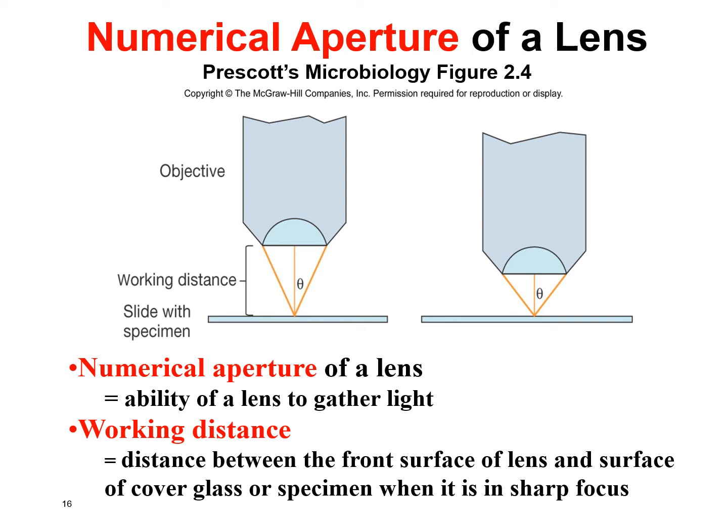You guys probably all remember that from working with these in lab. The higher the power on the objective lens, the closer the lens got to the microscope slide. That also means that you've got a higher numerical aperture as well, and also a higher resolution, and you can see more detail and a clearer picture.